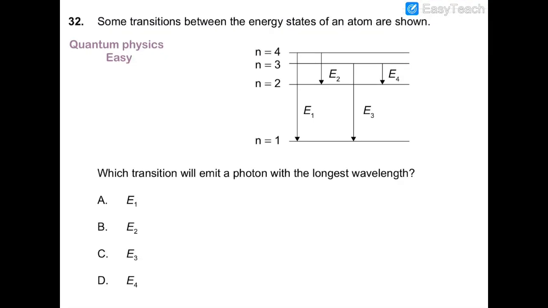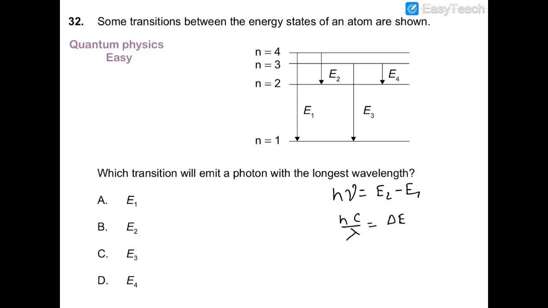In this question, you can see that some transitions between the energy states of an atom are shown, and we have to find out which transition will emit the photon of the longest wavelength. We know that h nu is equal to E2 minus E1, or E final minus E initial. So nu is c by lambda.